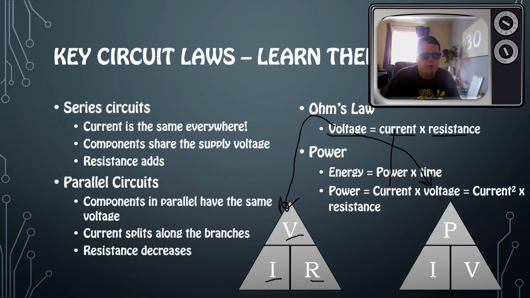You could in theory substitute for current instead, and what you would get is voltage squared divided by resistance. That's not technically on our spec, but I have seen cases where it makes life a lot easier if you use that equation, and it means you avoid doing multiple steps.